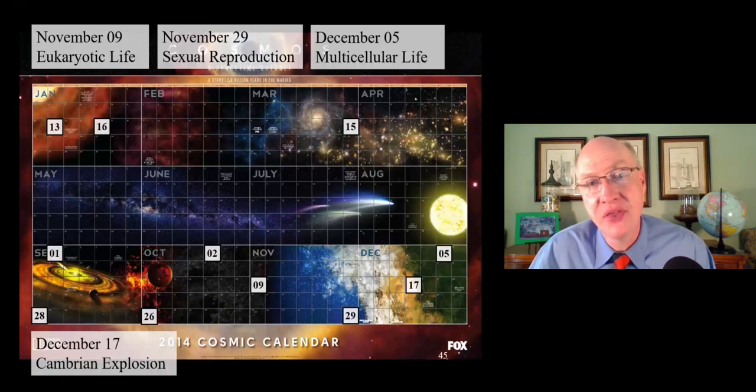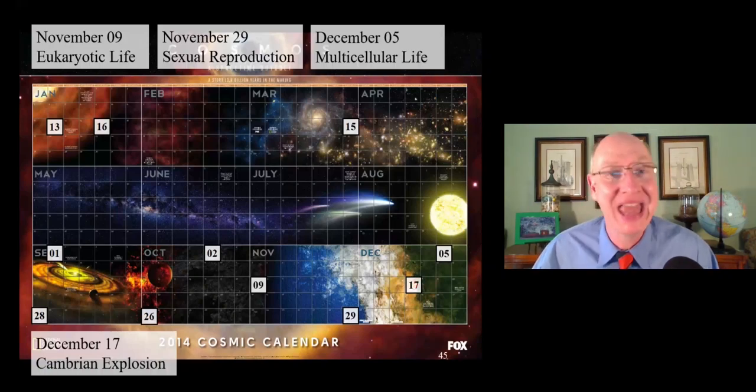There were many other phyla that were created in the Cambrian Explosion that have since gone extinct. But since the Cambrian Explosion, life on Earth has not created any new phyla. All the phyla that we have today are seen in the Cambrian Explosion. And that was December 17th.